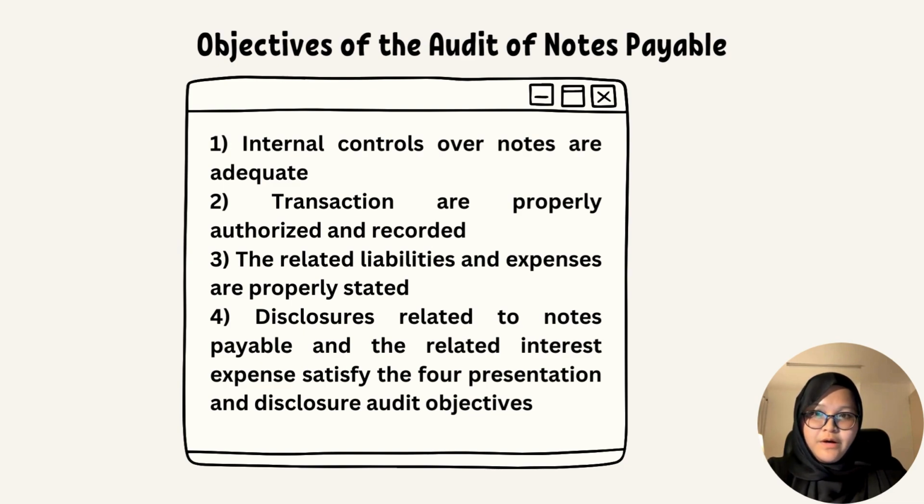All right, moving on to the next topic, which is the objectives of the audit of notes payable. So there are a total of four objectives of the audit of notes payable, where the first one is that the internal control over the notes is adequate.